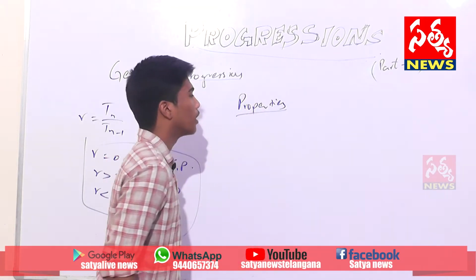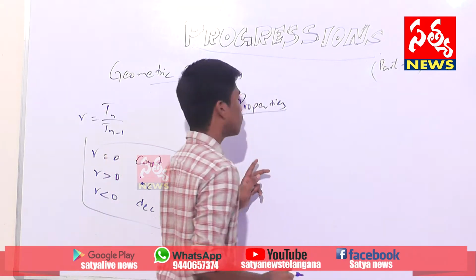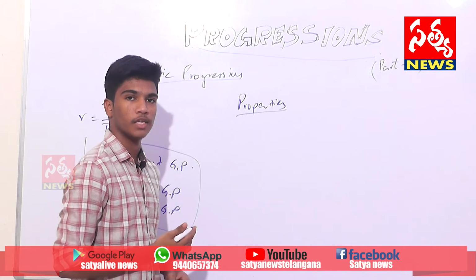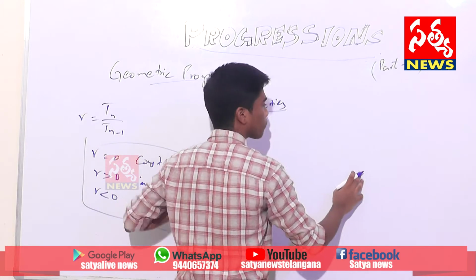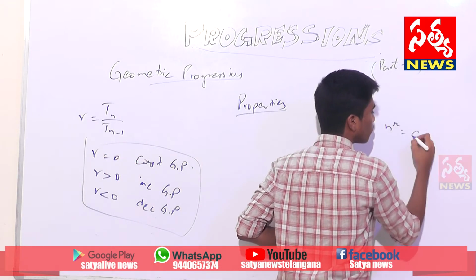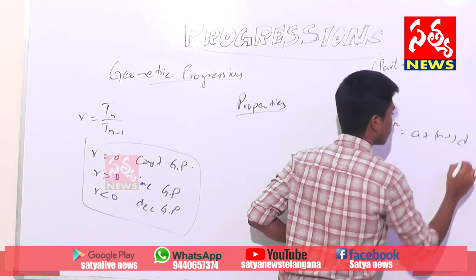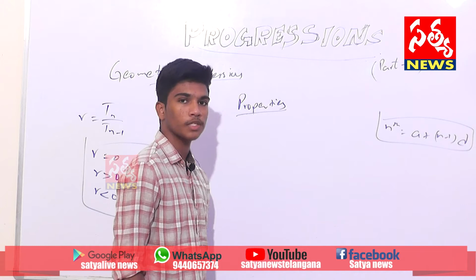Next, properties. In AP, we have a formula to find the nth term of a series. Similarly, in GP also we have a formula. First of all, in AP the nth term would be a plus n minus 1 into d, right? I have discussed this in the first part, you can check there.